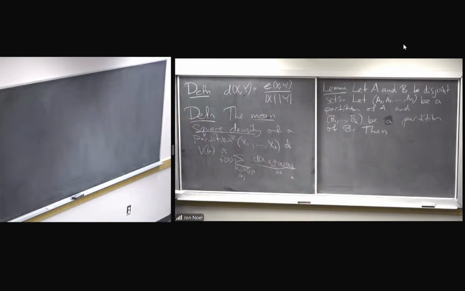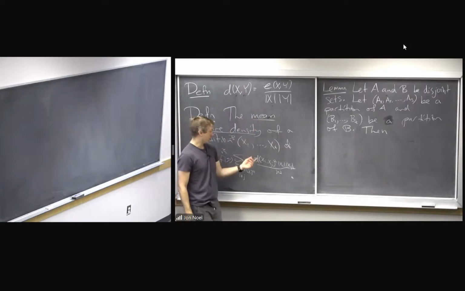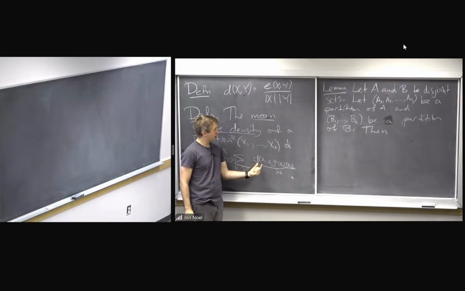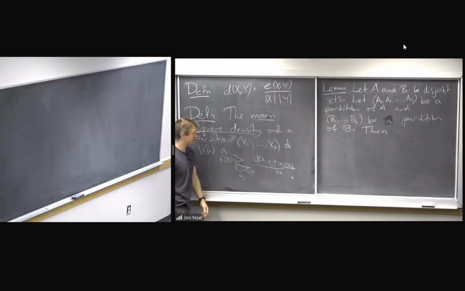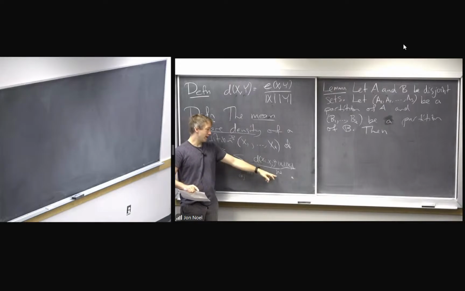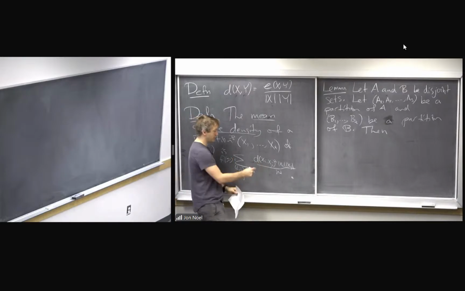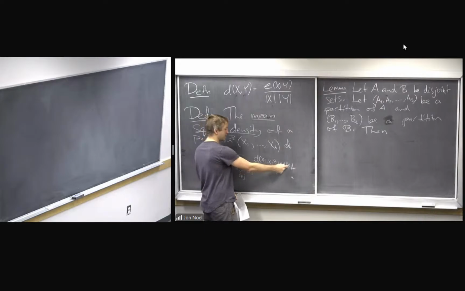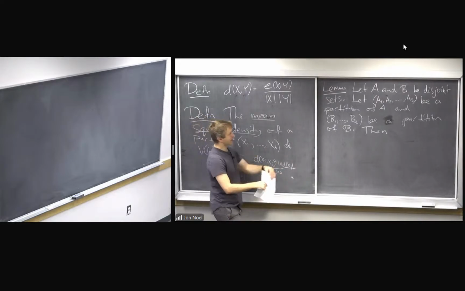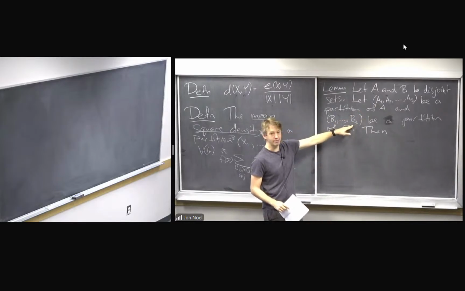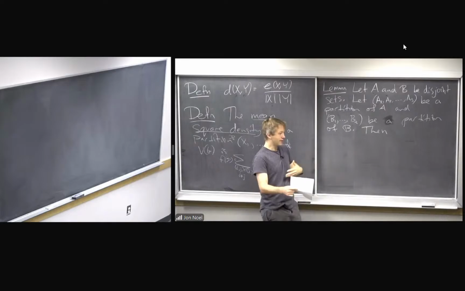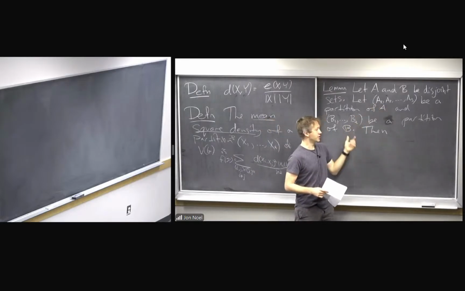Then, if A and B were parts in some partition of some graph G, of course these are disjoint sets of vertices in a graph, the contribution to this sum from the pair AB, if we ignore the n squared, because this doesn't change if I change the partition, would be the density between A and B squared times the size of A times the size of B. I want to compare the contribution of this finer partition versus the original one.